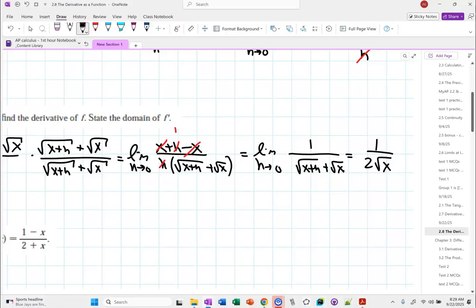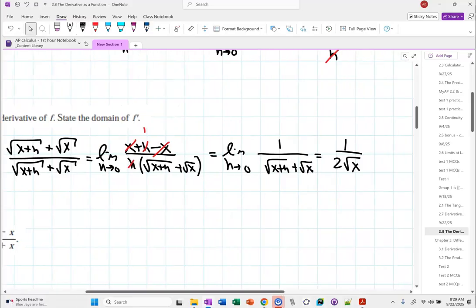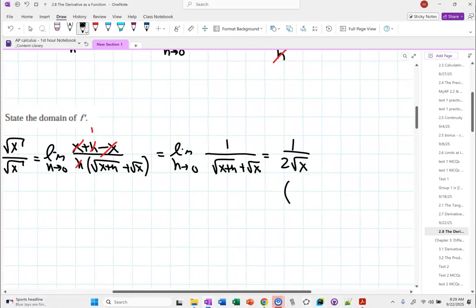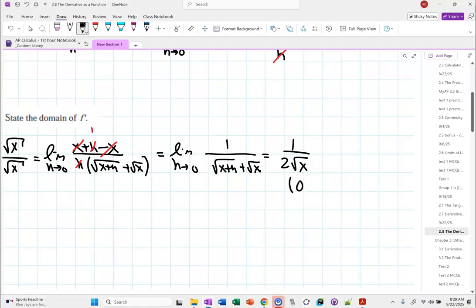It asks for the domain then of this derivative. So the domain of this is going to be, well, I know that because it's a square root, I can't have any negatives, right? And I know because the x is in the denominator, I can't have a zero denominator, correct? So it's going to be everything greater than 0.